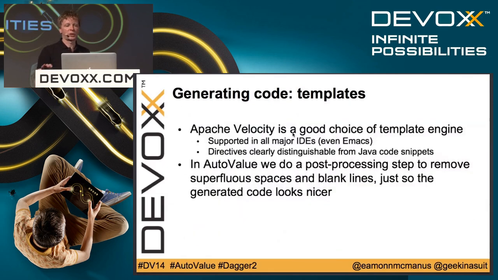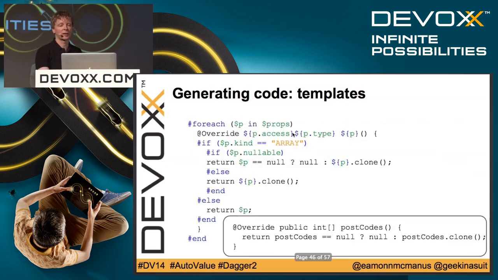Okay, so Apache Velocity is the engine that I use, and the reason for that is that it's well established, it's reasonably stable, and in particular, it's supported in IDEs. That's important. The syntax highlighting that I'm showing here is exactly the way that NetBeans displays it. So just using the colors, it's easy to see what is the logic for the template and what is the actual literal code that's being generated.